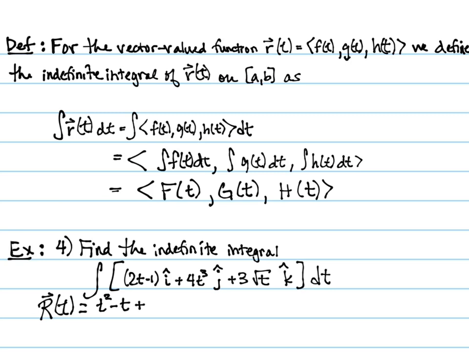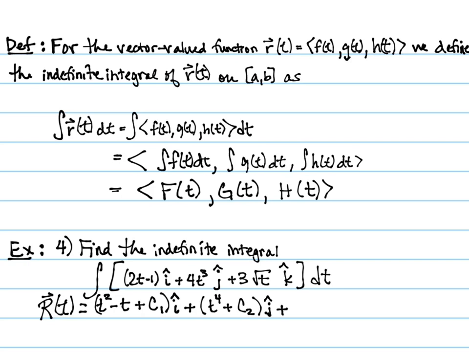If you're going to use plus c here, you need to identify C1 because we're going to have a constant component on all three of them, and they wouldn't necessarily need to be the same thing. So plus C1, and all of this is times i. How about the next one, 4t cubed? t to the fourth plus C2, j.